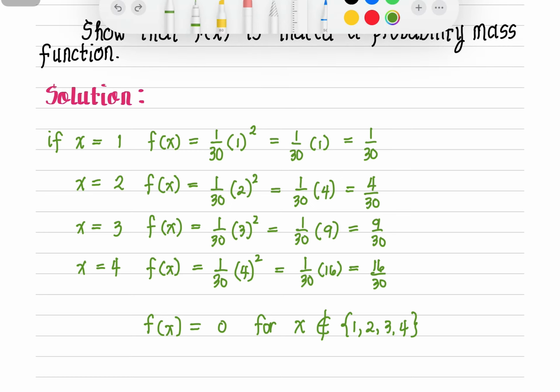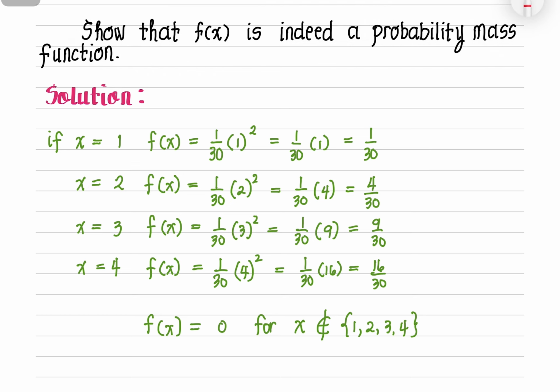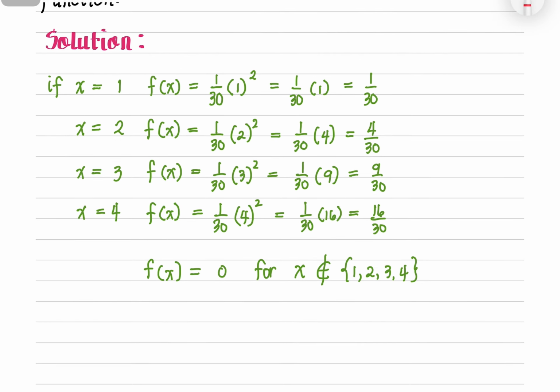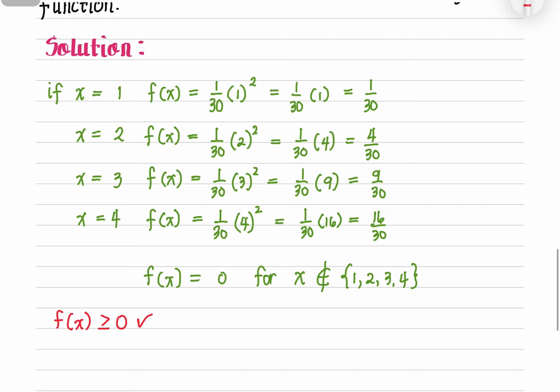So, yung property natin dito, yung first property ay nasatisfied niya, right? Okay, nasatisfied. So, therefore, f of x is greater than or equal to 0. Okay? Bakit niya nasatisfy yun? Kasi, kapag dinivide natin to, guys, 1 over 30, that is greater than or equal to 0, right?